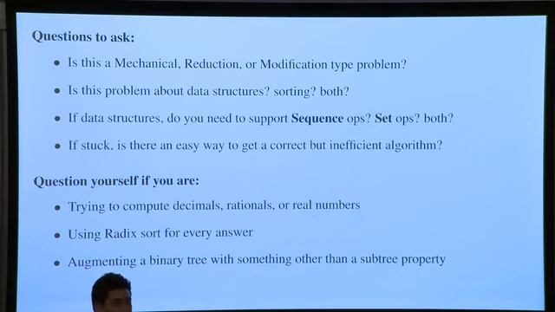Or, here's one that's fun, augment by the size of my left subtree, the number of nodes in my left subtree. I'm not sure how I can maintain that with rotations and things like that.